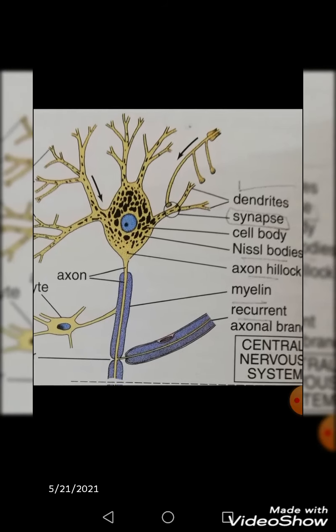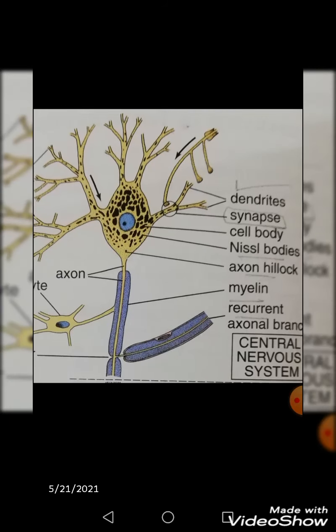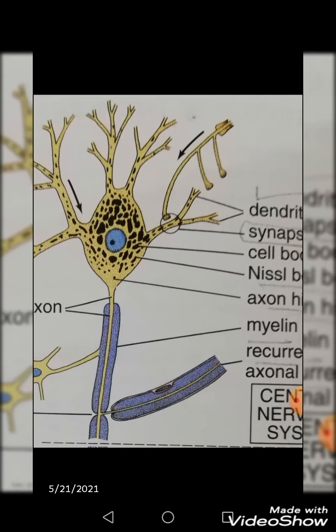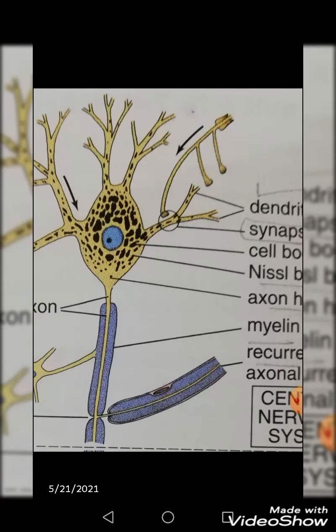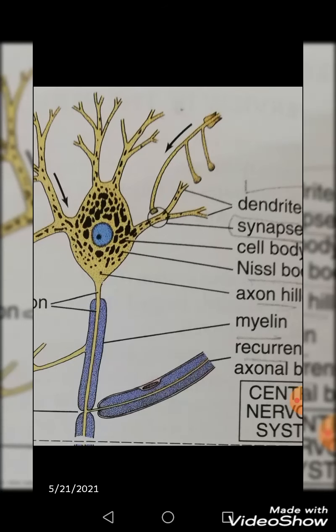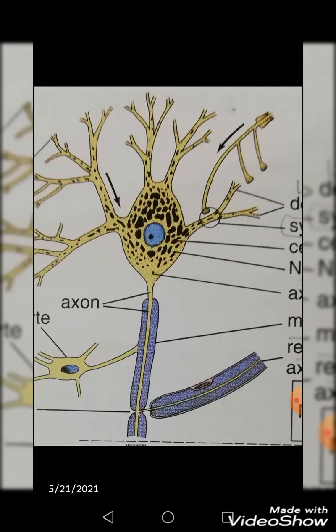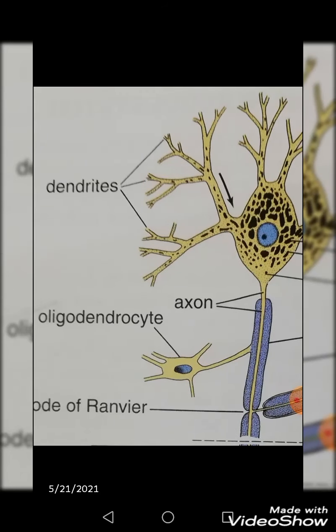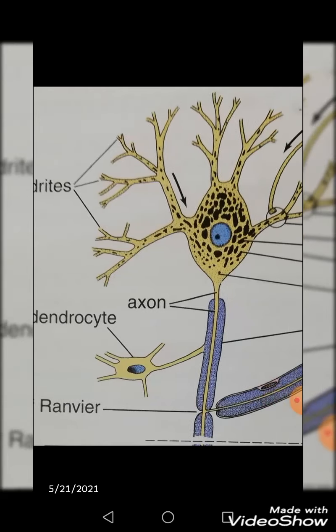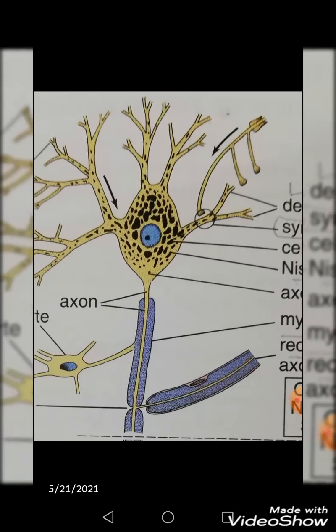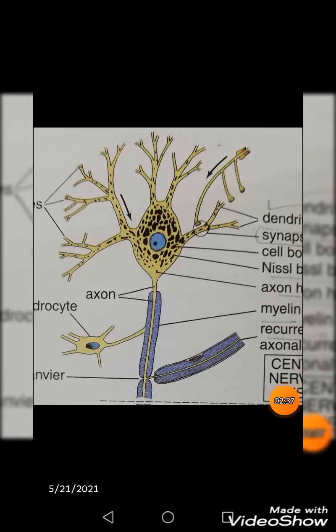This axon hillock does not show the Nissl bodies; rather they are present in the perikaryon or the cell body of the neuron, and also in the dendrites. And you can see that the oligodendrocyte, present nearby as a supporting glial cell, is forming the myelin sheath around the axon. So keep in mind all these details.